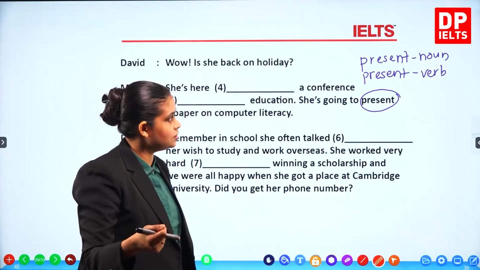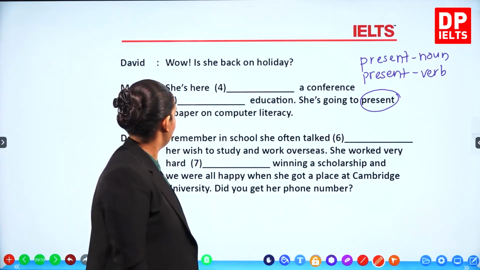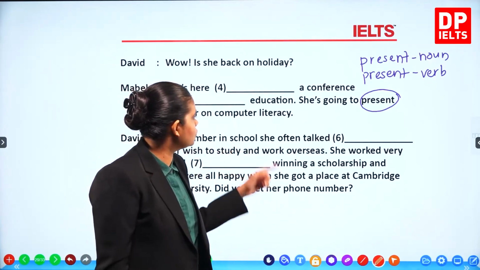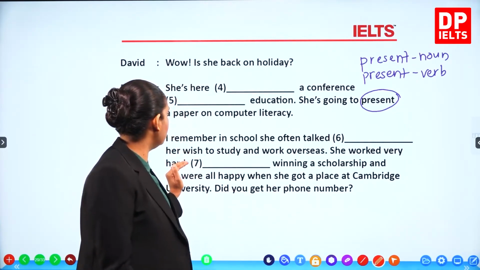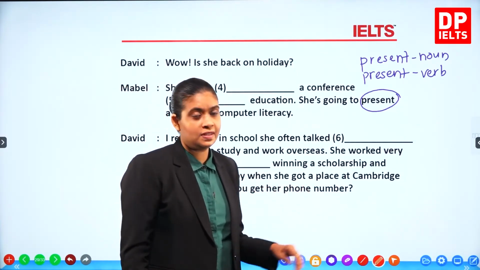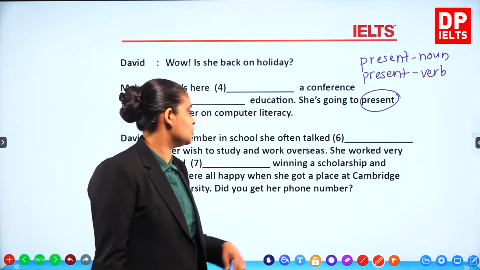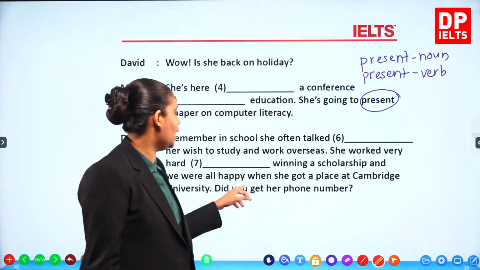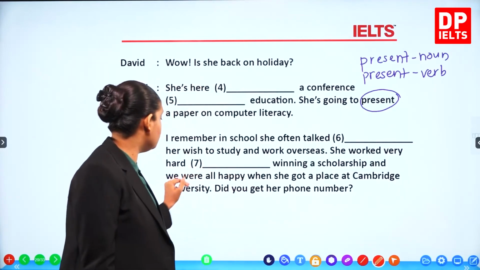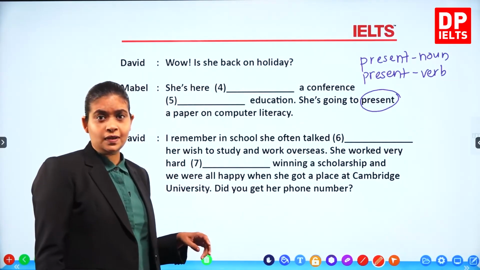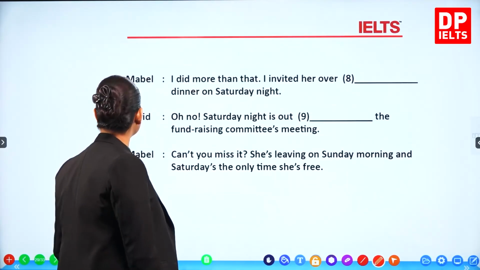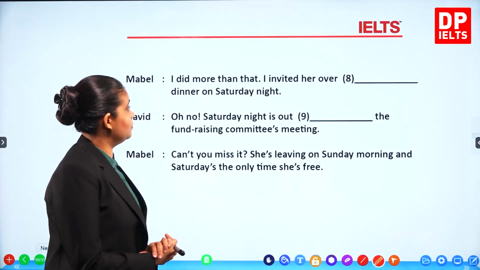Present, present. I remember in school she often talked blank her wish to study and work overseas. She worked very hard, blank, winning a scholarship, and we were all happy when she got a place at Cambridge University. Did you get her phone number? I did more than that.